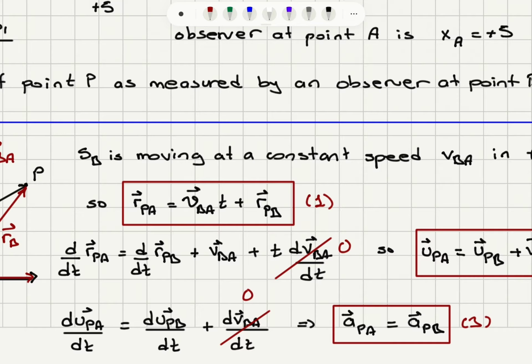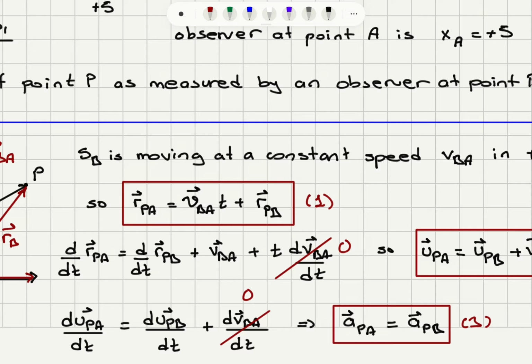The rate of change of position in reference frame A is d/dt RPB, the rate of change of position as measured by reference frame B, and then we have the derivative of this one with respect to time, that is VBA plus t dVBA/dt. Because we have a constant velocity and constant speed, this is going to be 0.